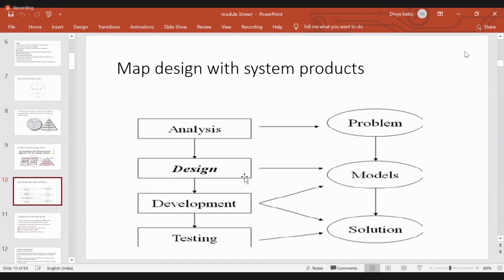After the design, we will get the models. Then at development time, we will create models and a solution, meaning coding, and at the same time you are creating prototype models. At testing time, we test the solutions, whether they are correct or not. So this is the design and its work product.